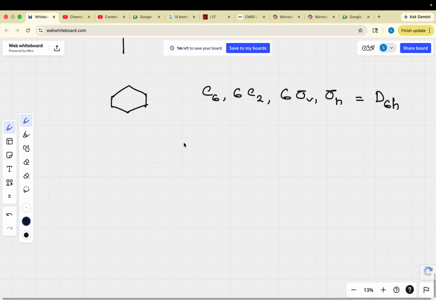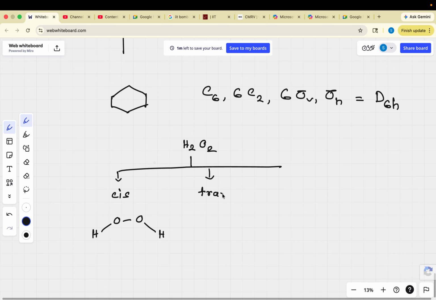Now next, suppose you have the H2O2 molecule. I told you already that it has different structures. First of all I am writing cis H2O2. Cis H2O2 means like this: hydrogen, oxygen, oxygen, hydrogen. Next you have trans H2O2.